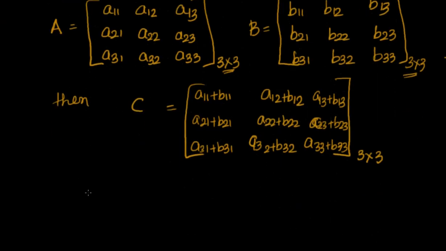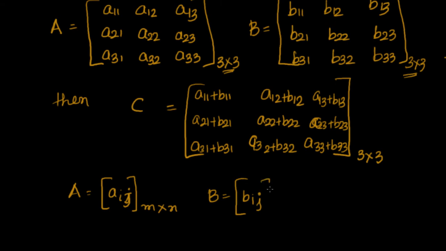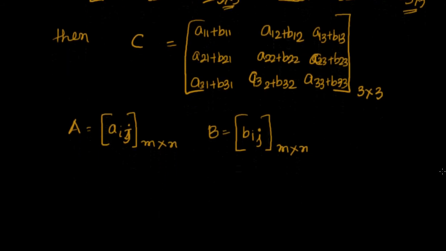To generalize, if A is a matrix of i rows and j columns with an order m by n, and B is also a matrix of i rows and j columns with an order m by n, because i rows and j columns both are the same, they both are of the same order.